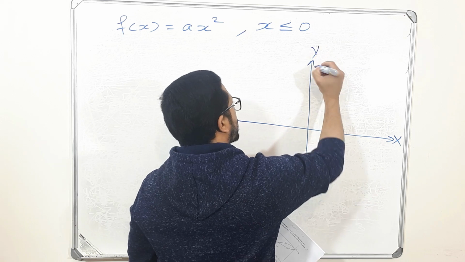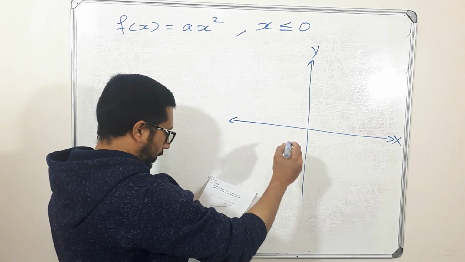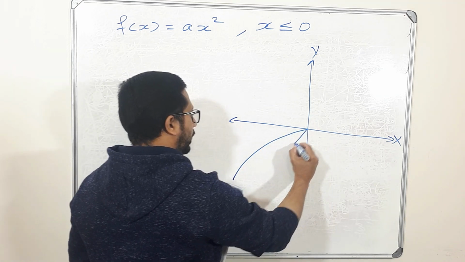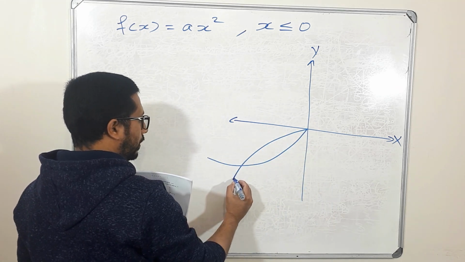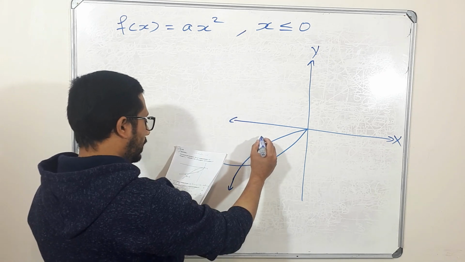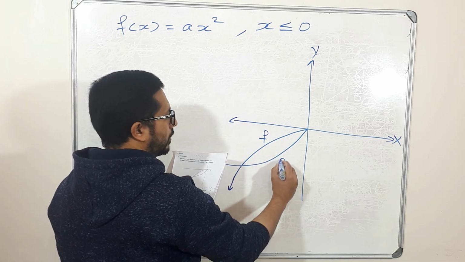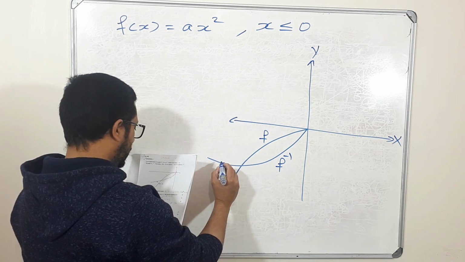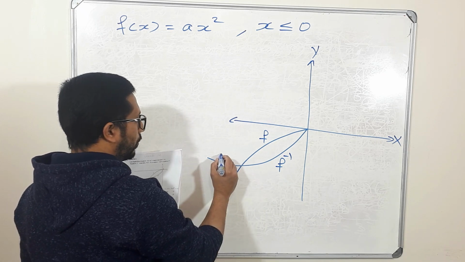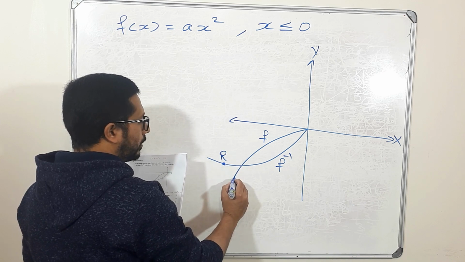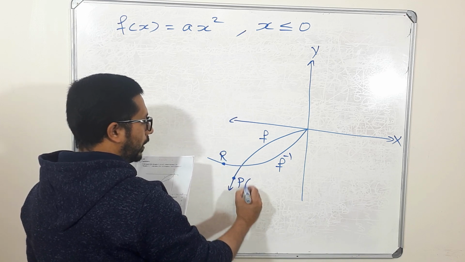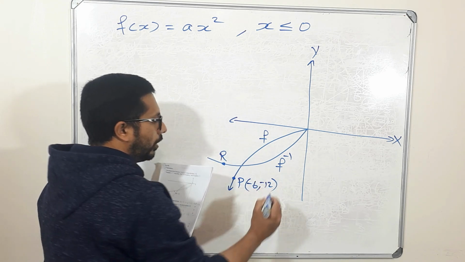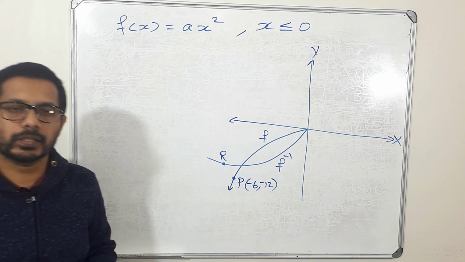Okay, now there is a graph given like this, and there is another graph like this, and this graph is f and this is the f inverse graph, and there is a point given here, and that point is called r, and there is another point here, that is p, and the coordinate of that point is also given, (-6, -12).